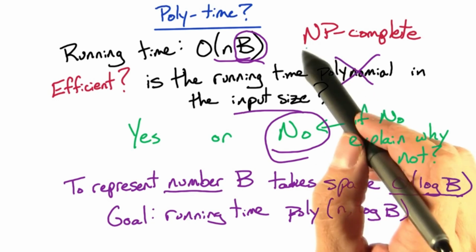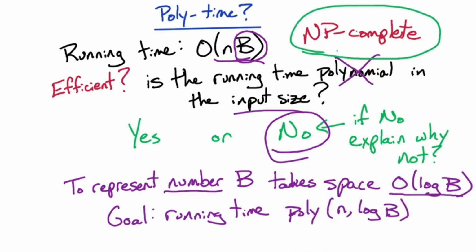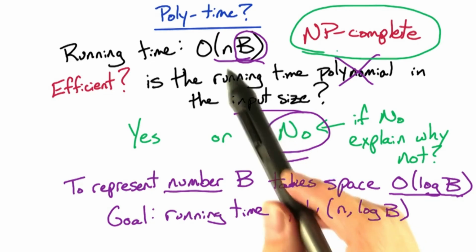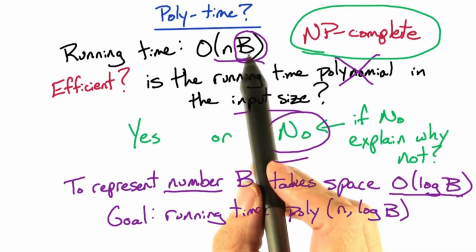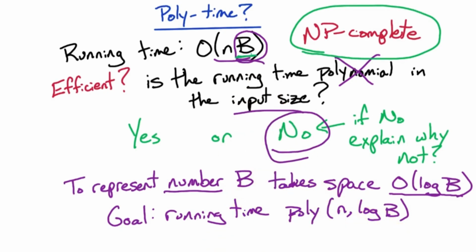When we see the proof of NP completeness of the Knapsack problem, it'll be quite illuminating, and you'll see why this algorithm is not efficient. Because what we'll do is take a graph problem with n vertices, a hard graph problem, and convert it into a Knapsack problem. So we'll reduce it to Knapsack, and we'll make a Knapsack instance where this parameter capital B will be exponential in the graph size.